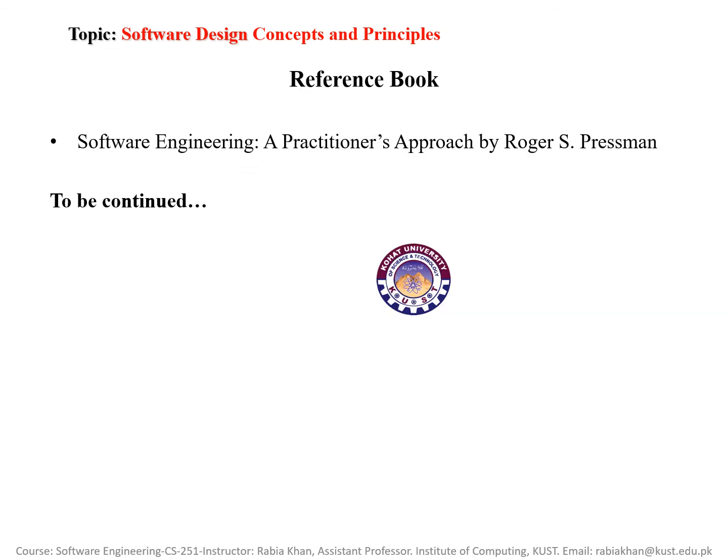That is all for now. In today's discussion, we discussed 2 types of sub-design phases, that is the data design and the architectural design. We'll be discussing 2 more sub-design phases, which are the interface design and component level design, in the next lecture.